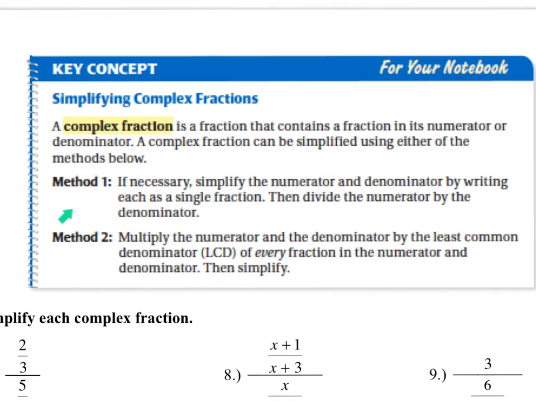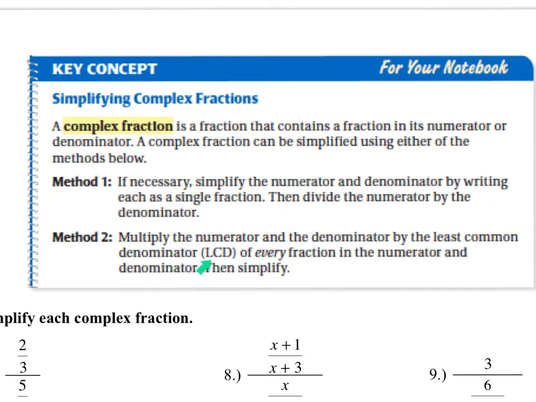So method number one, you would simplify the numerator and denominator by writing it as a single fraction. So essentially you just add or subtract in the numerator, add or subtract in the denominator, and then you divide the two fractions. Method number two is the method that I prefer.